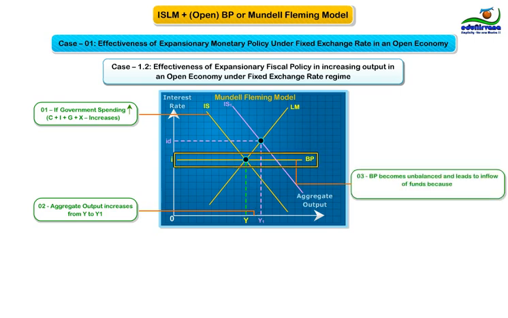But again, BP becomes unbalanced since domestic interest rate, that is, ID, is greater than foreign interest rate, that is, ID is greater than IF.